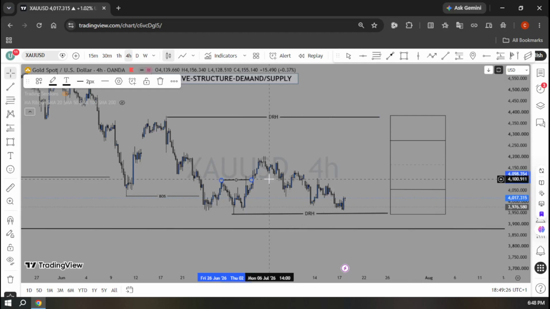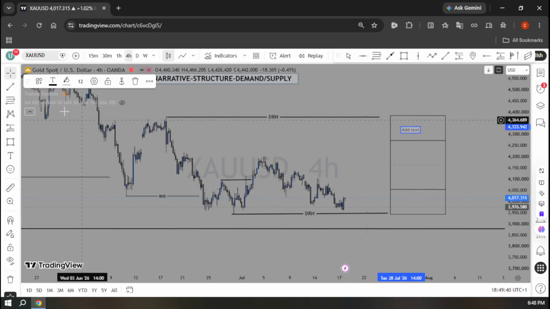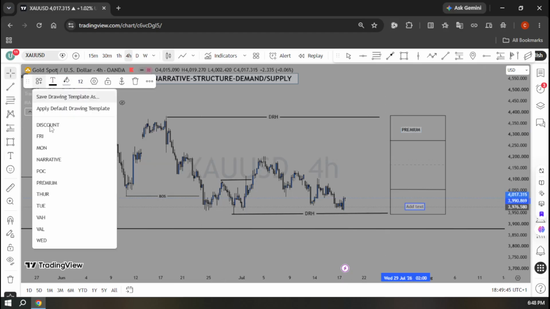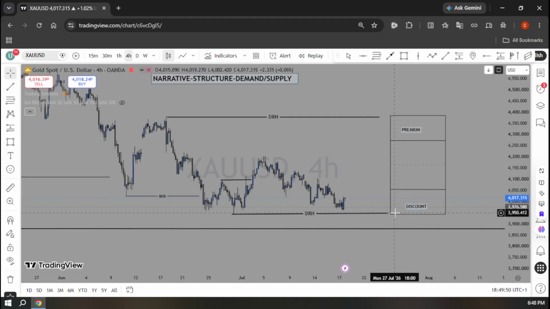So still looking at this, we have price currently here, and from my other analysis we know this is our premium pricing, and this is our discount pricing.